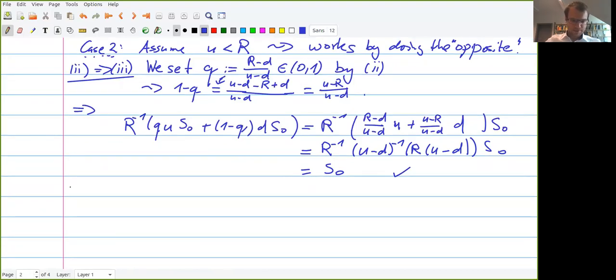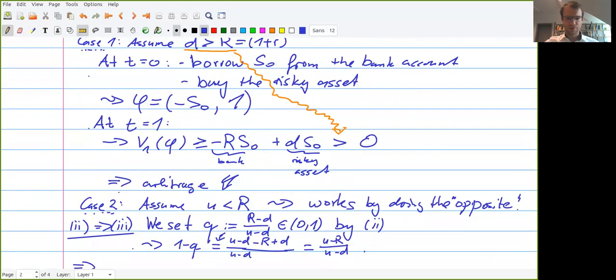Now the last property is, okay, if I have such a q, the market is arbitrage free. So again, what would you want to check?